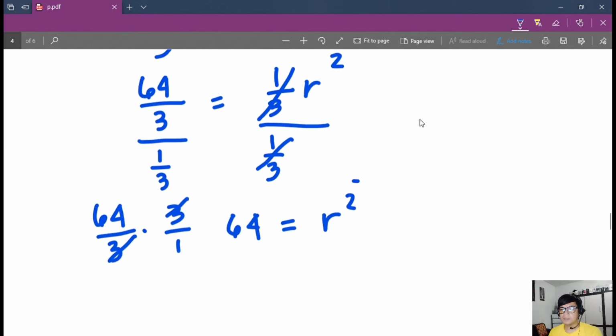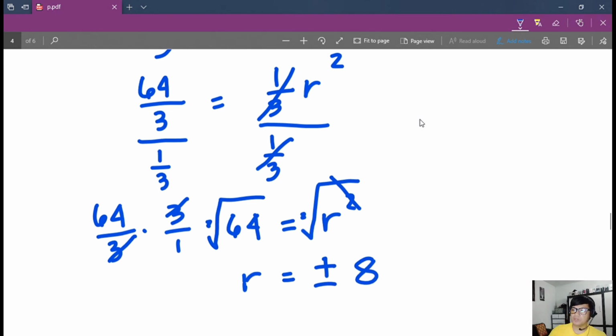So, get the square root of both sides para ito siya mawala. So, r is equal to, since square root is even, kasi 2, ang square kasi 2, diba? Understood na 2 yung index dito. So, square root of 64 is positive negative 8.